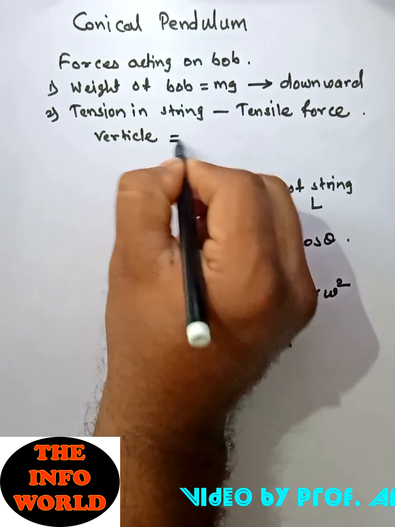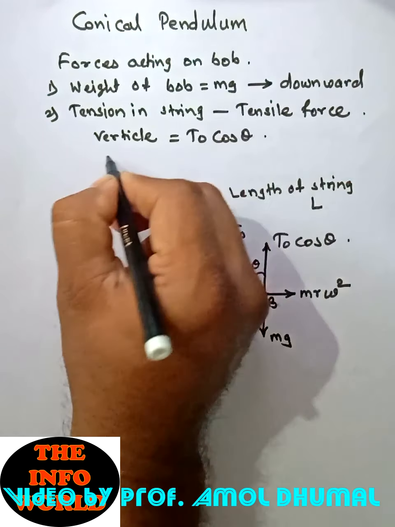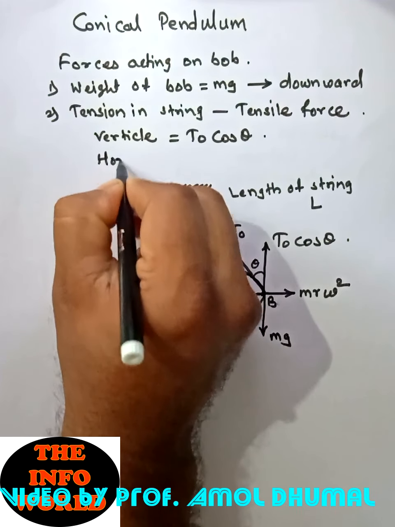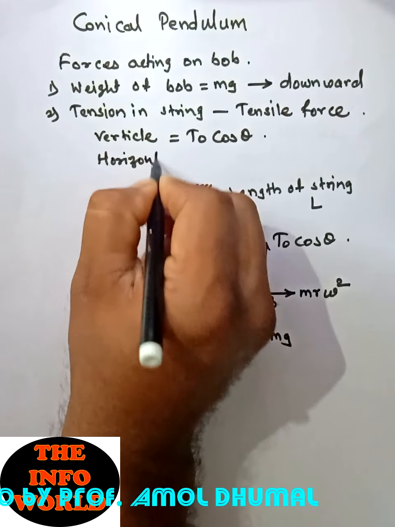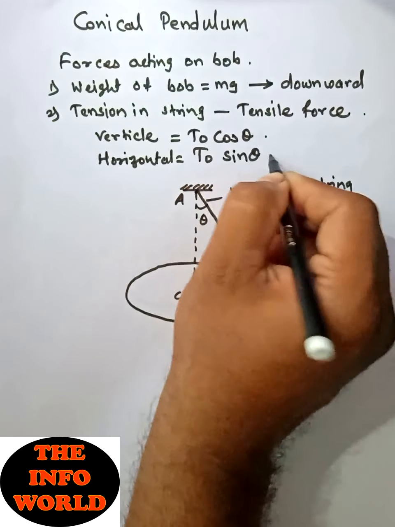The vertical component is equal to T0 cos theta and its horizontal component is equal to T0 sin theta.